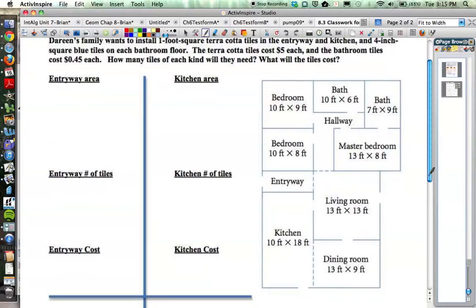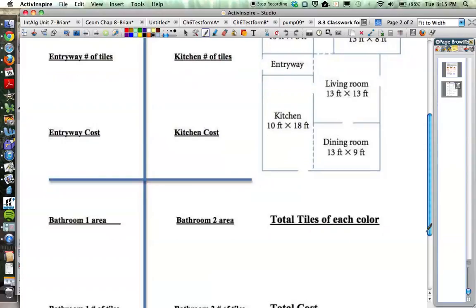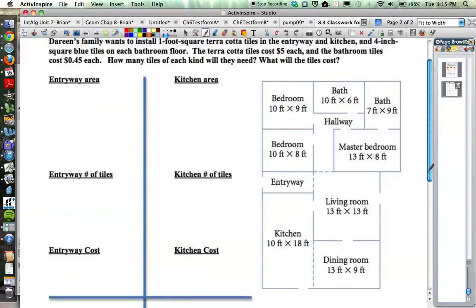We're going to need to get the area of the entryway, kitchen, and both the bathrooms. So we need to think about the dimensions in each of those rooms, and then how many of the tiles are going to fit in those rooms, and what will be the cost of those tiles.